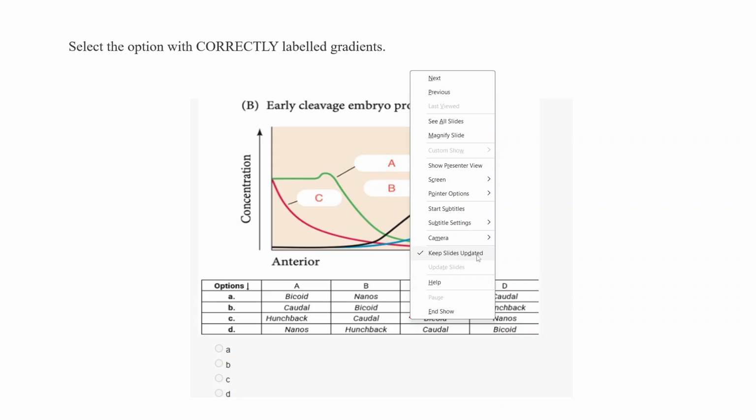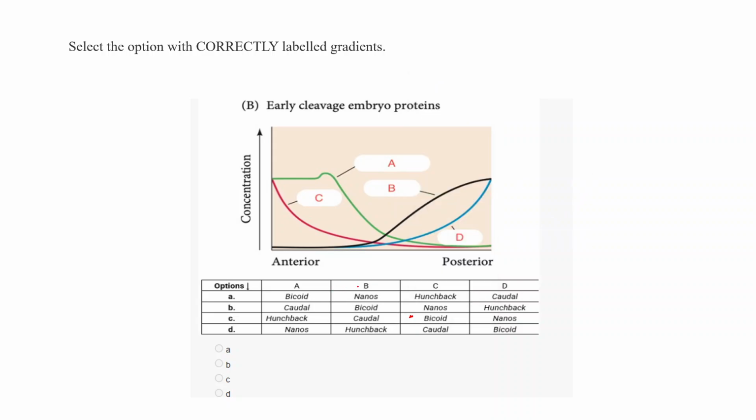Caudal is just the opposite. Caudal would be high at the posterior and fall towards the anterior. It will rise towards the posterior.